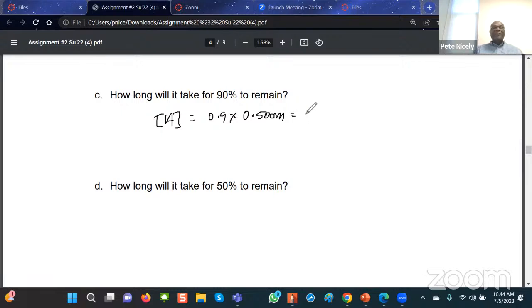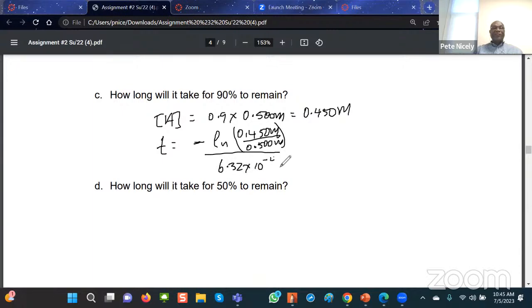So that'll be 0.450 M. And t would be equal to minus the natural log of 0.450 M divided by 0.500 M, divided by K, which is 6.32 times 10 to the minus 4 seconds to the minus 1. And again, according to my calculations, I got 167 seconds.